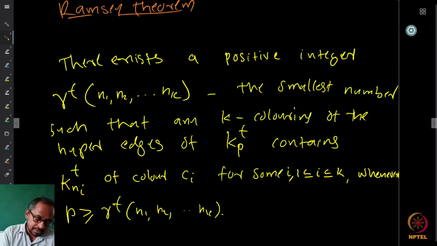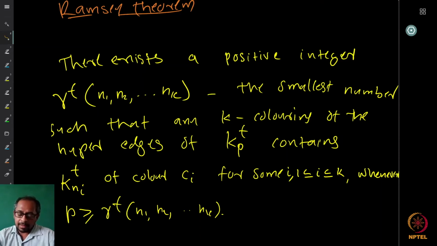Okay. So in this k-coloring, I will assume that the colors we have used are C1 to Ck. Earlier we noted it, here I am not writing it specifically. We will assume that k-coloring means colors C1 to Ck. Okay, so that is the generalized form of Ramsey theorem.